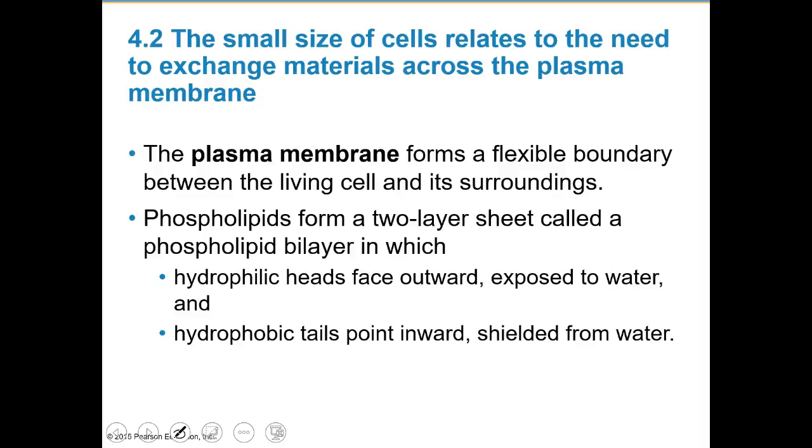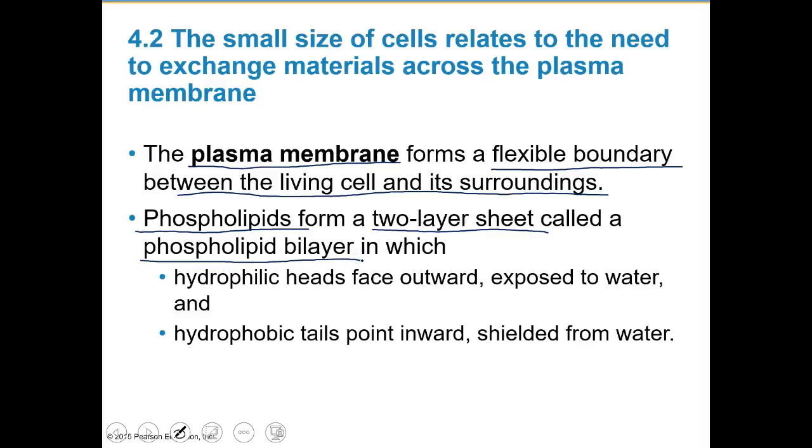Okay, so the plasma membrane is a flexible boundary between the living cell and its surroundings. This is going to provide a barrier, a boundary. It's going to be selective. What's included here, something we learned about in the last unit, are phospholipids, and they form a two-layer sheet called a phospholipid bilayer, in which hydrophilic heads face outward.